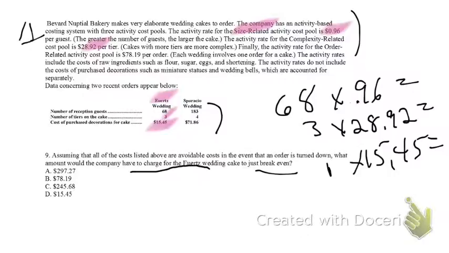Each wedding cake involves 1 order, so I've got 1 order at $78.19. So I multiply each of those, really 2, and then add the $15.45 and the $78.19 per order, and we get the cost for this cake is $245.68.